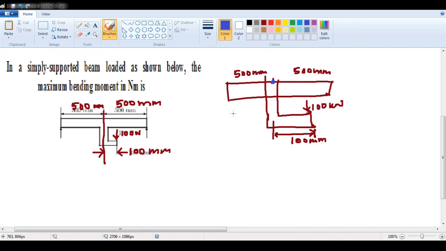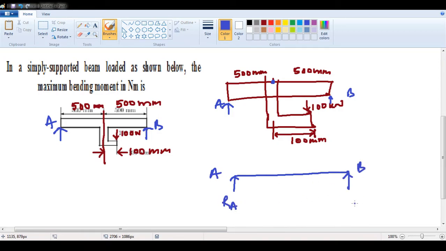It is simply supported, so obviously there are reaction forces on both sides, shown as arrow marks. In the free body diagram, I'll take this side as A and this side as B. So the reaction forces will be RA and RB.